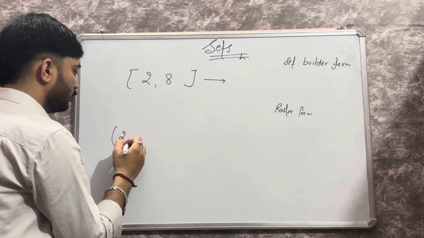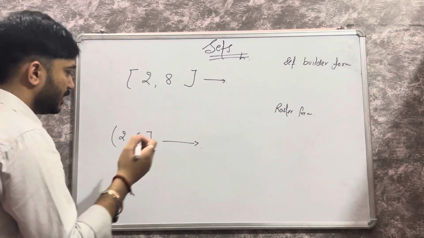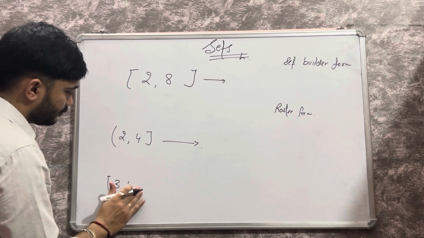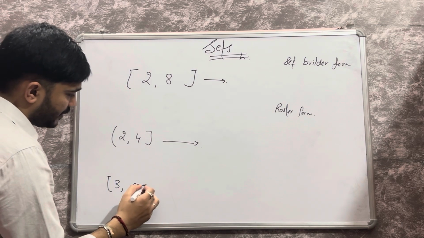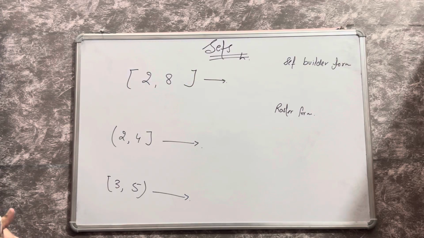Represent this set 2, 4 in both set builder form and roster form. Represent this 3, 5 in set builder form and roster form. How are we going to do so?